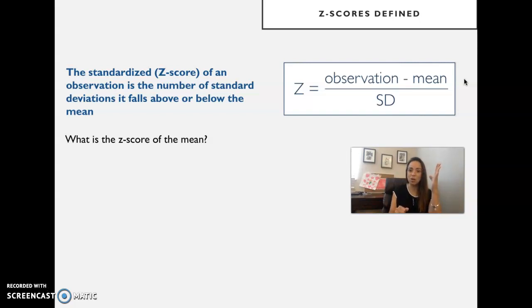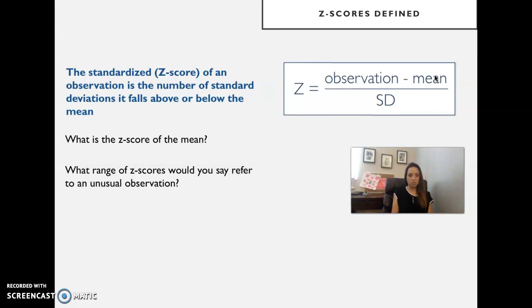The SAT score mean is 1500. If I scored 1500 and subtract the mean of 1500, 1500 minus 1500 is 0. 0 divided by anything is 0, right? So the Z-score of the mean of a distribution is always 0.